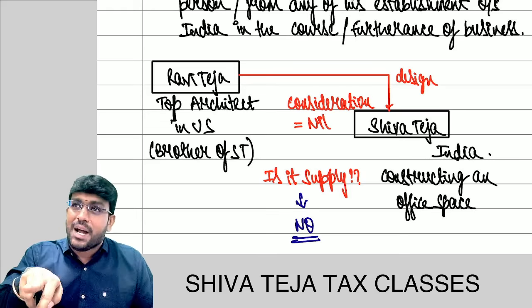Import of service. For consideration, without consideration. Okay? And for consideration, again I will write in CRF, not in CRF.